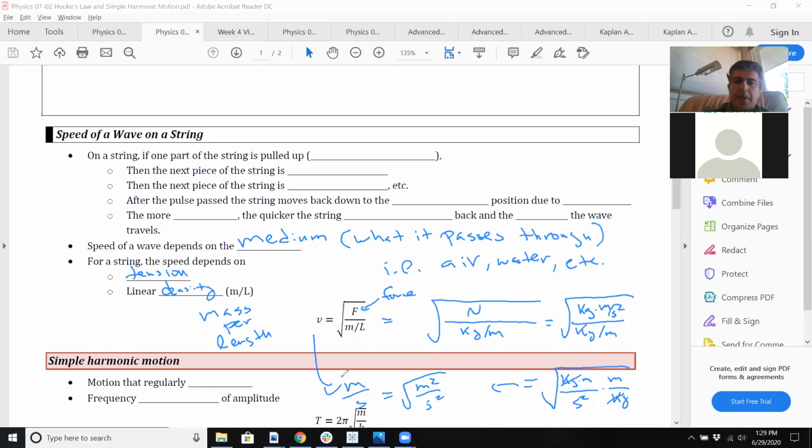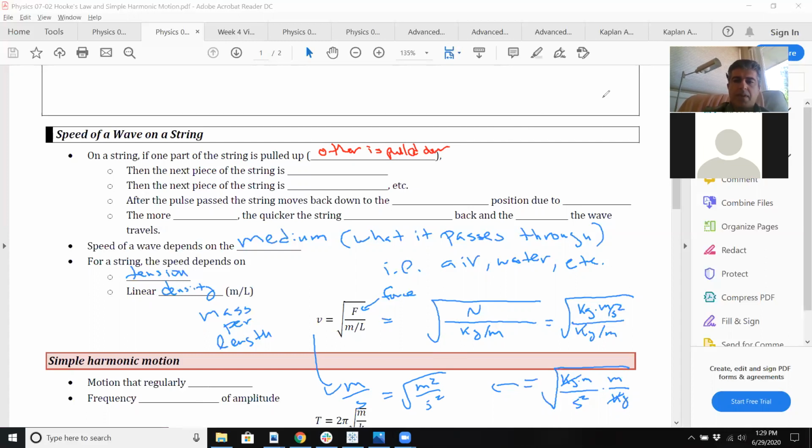I think what's meant by the bullet point above is that on a string, if one part of the string is pulled up, the other is pulled down.